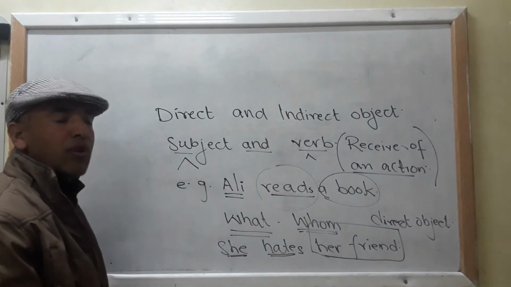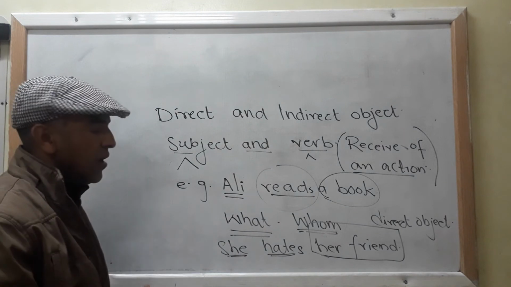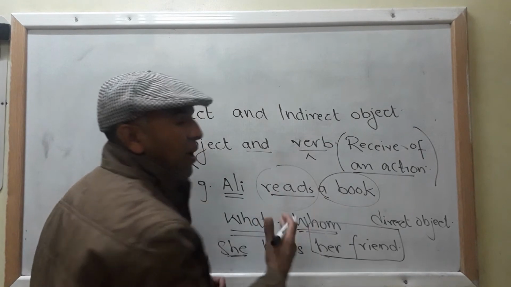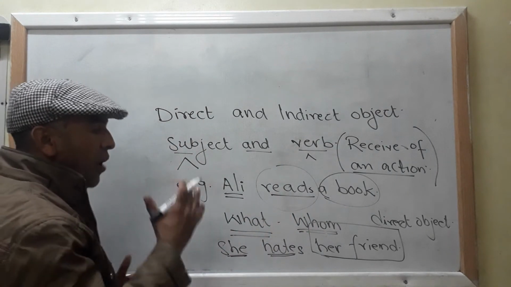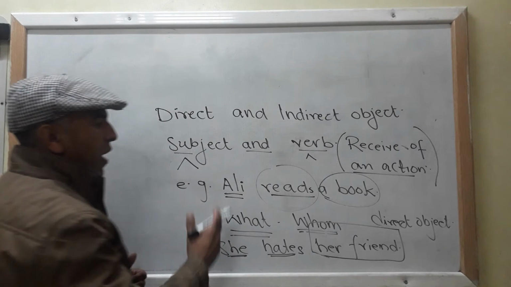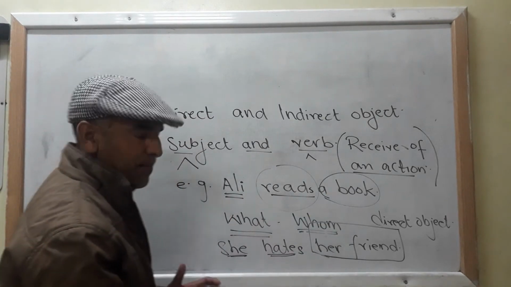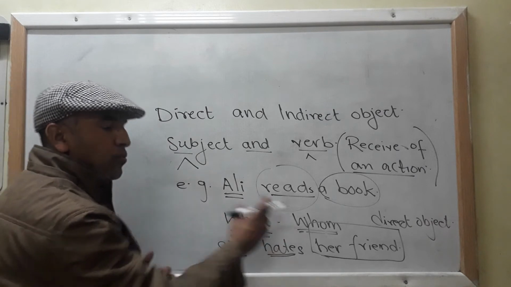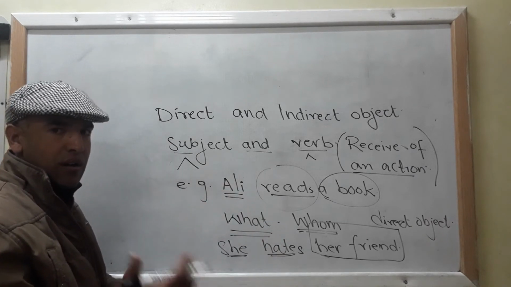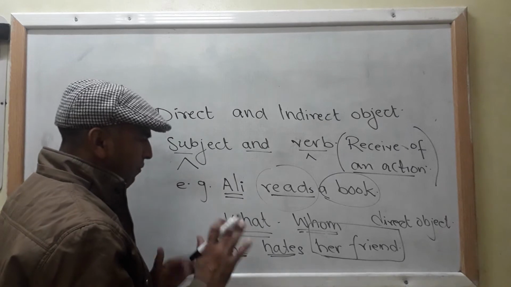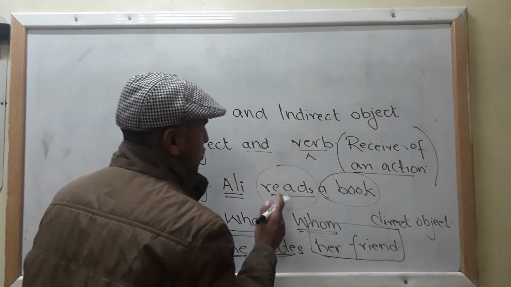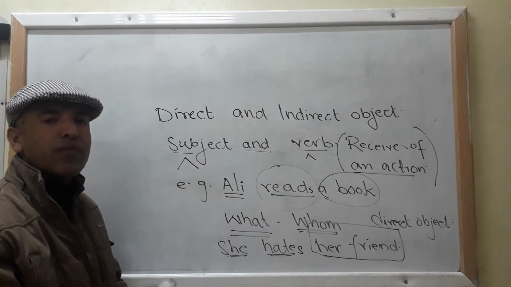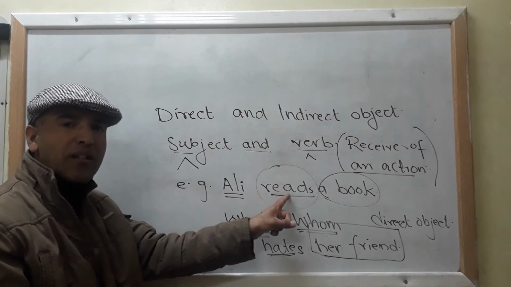I hope I have been successful in making you understand the topic, what we mean by a direct object and how you can locate or find out a direct object in a sentence. As I told you two things: you will have to ask a question of what or whom to yourselves in order to locate a direct object in a sentence, and number two, your direct object is the recipient or receiver of the action shown by the verb.